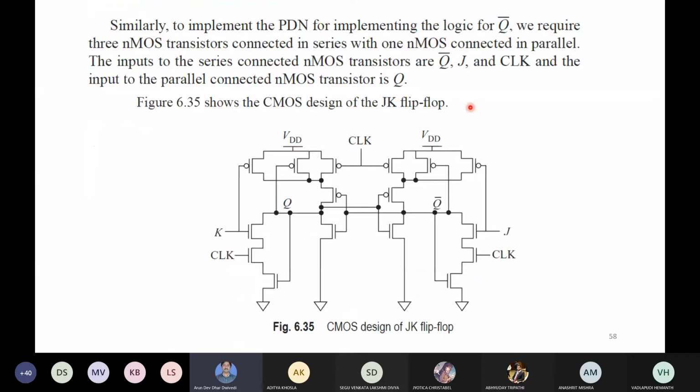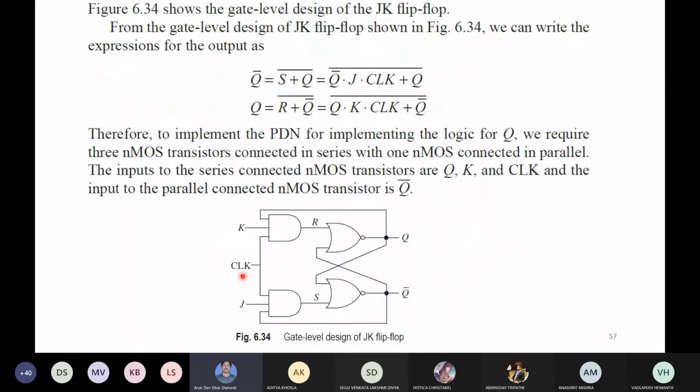So it is done here, we can see. Here J side, here K side. So for the K side, what is the requirement? Q should be given as input. Q is the output of one of the NOR gates.